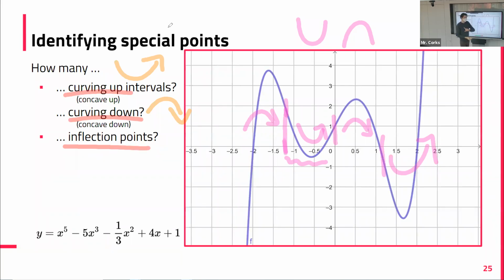That's an interval of increase, based on the first derivative. This is another layer based on the second derivative. You're thinking of first derivative and just slope increasing and slope decreasing. This curving up, it's like speeding up and slowing down.